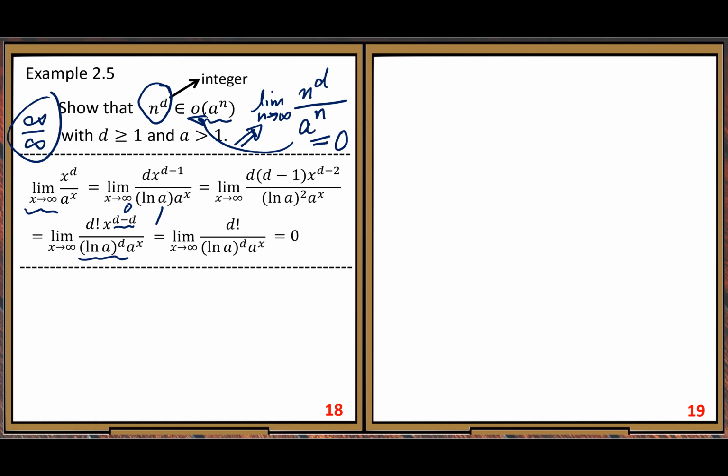Positive real number. Because if it's not an integer, we can find it must be between two adjacent integers, right? Then you only need to do some small adjustment, then you can get it.